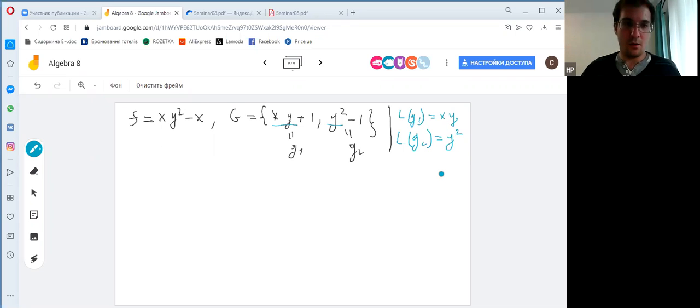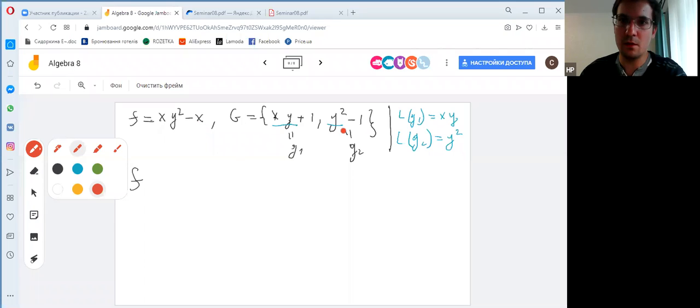Okay, now we need to start by reduction. When we reduct, we choose one of the terms of f which is divisible by one of the leading forms of our system. Let us choose just by random.